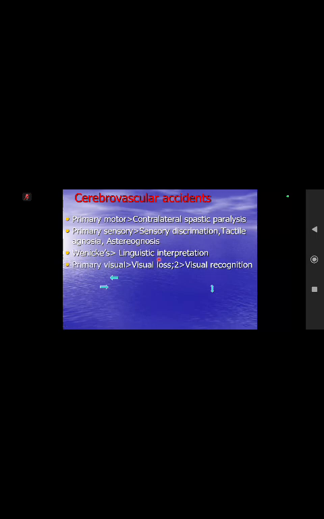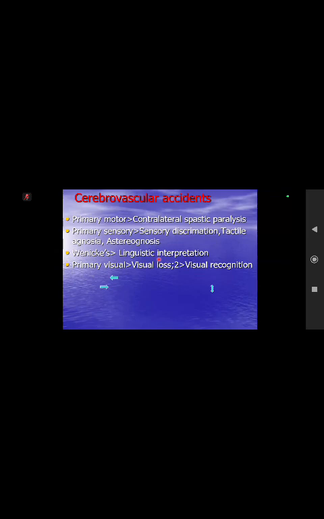The primary visual cortex, that is area 17, if that is affected, and that is from the posterior cerebral artery supplying that area, then you have loss of vision. You cannot see if the primary is affected. But if the association areas are affected, then there is loss of visual recognition.